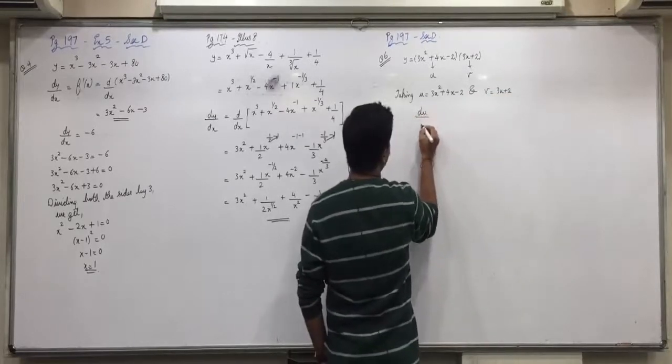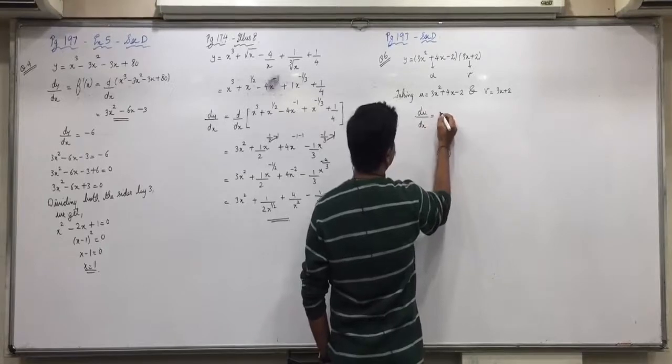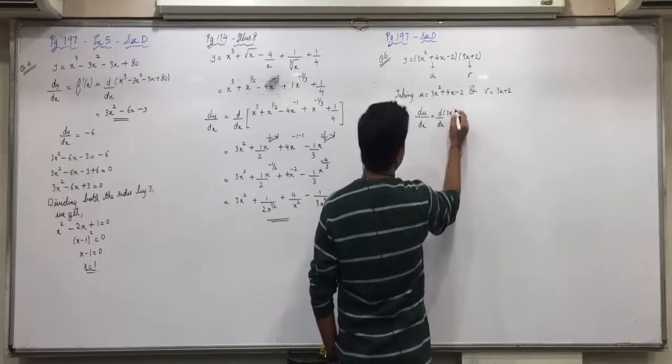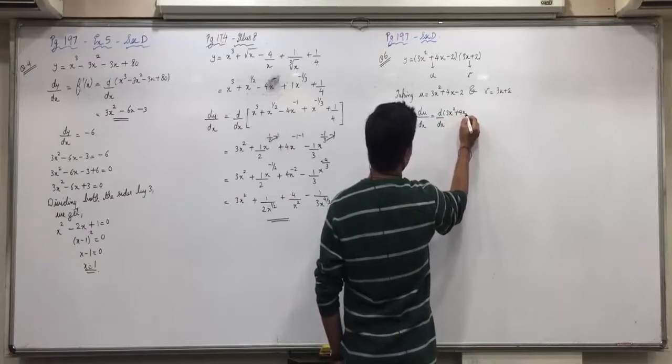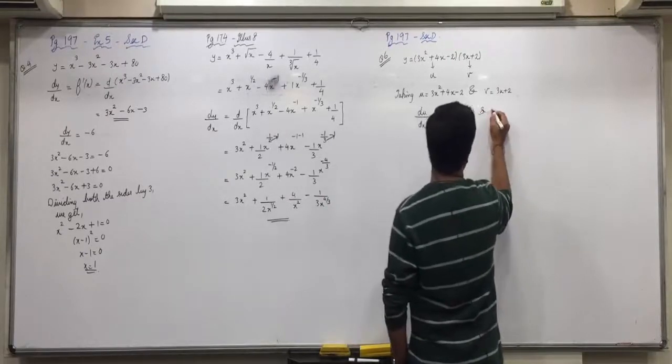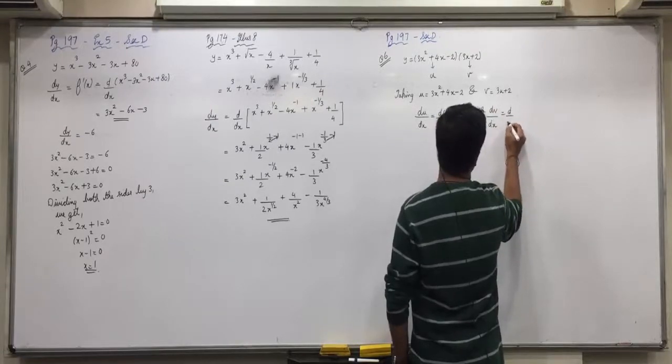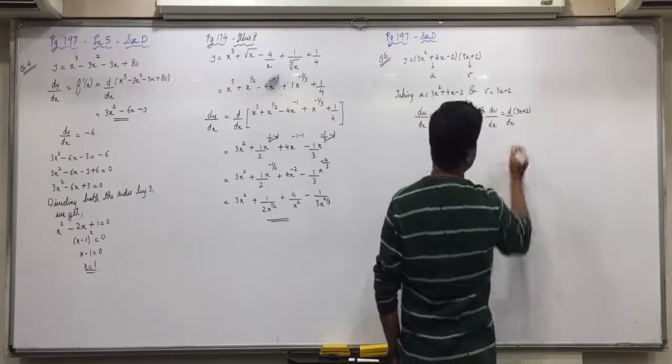First we find du/dx, so d/dx of 3x² + 4x − 2, and we also find dv/dx, so d/dx of, in place of v, 3x + 2.